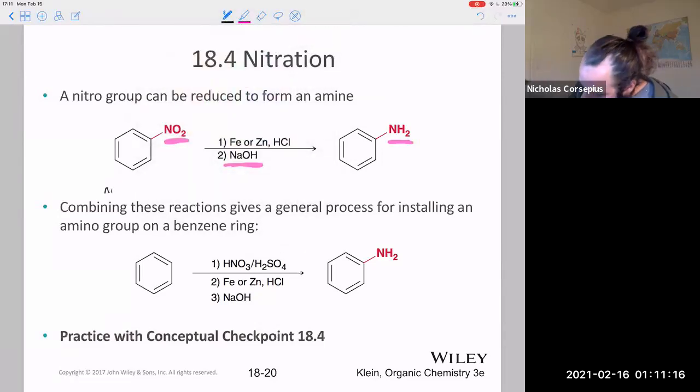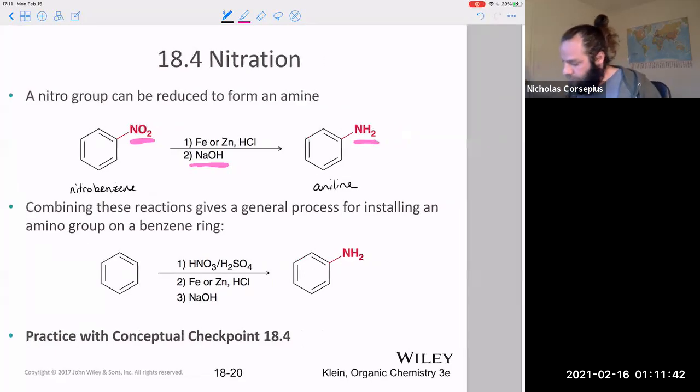So we go from being nitrobenzene to aniline, right? Just one of those ones that we should know. This is going to be a really key reaction, because what we're going to see is that these 2 groups play very different roles when they're on these benzene rings. Okay, so this is something that's going to be really important later. It's not an electrophilic aromatic substitution reaction, but still needs to be noted here.